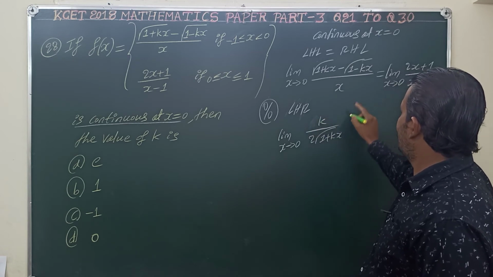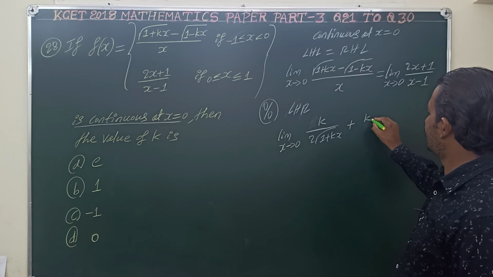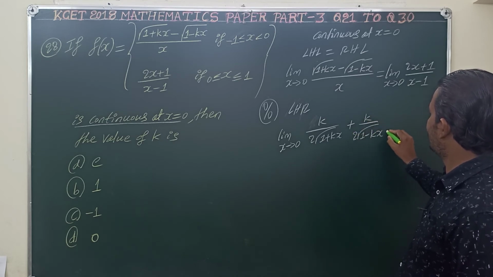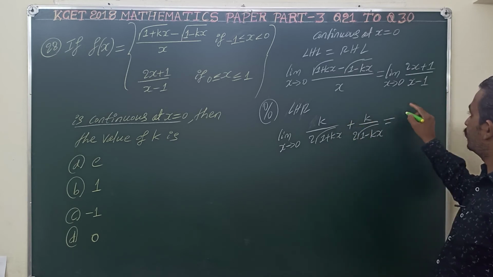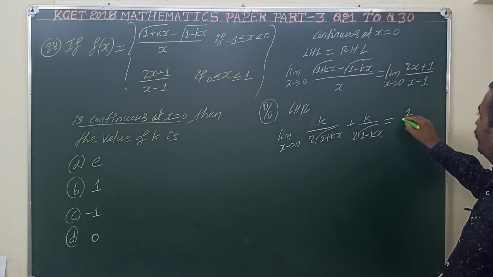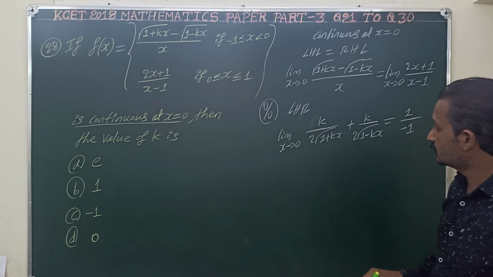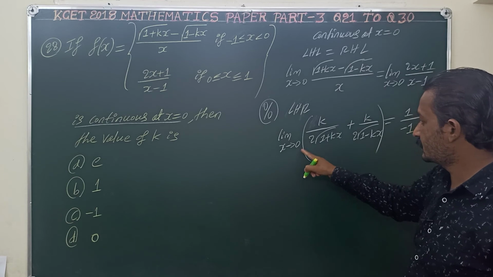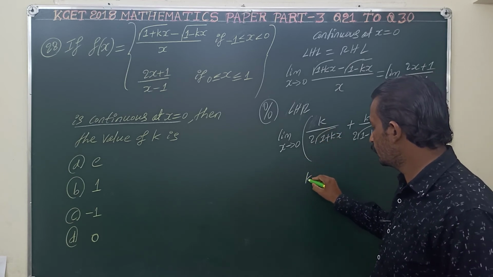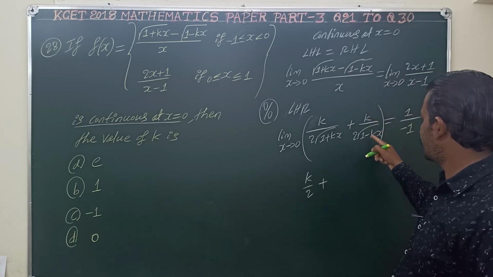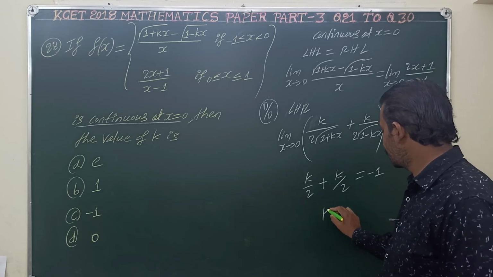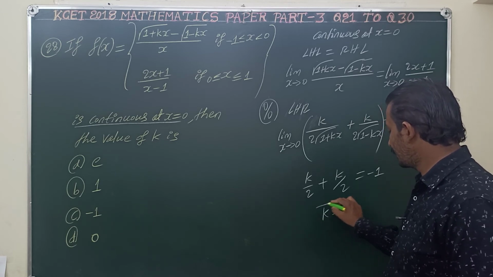Here also the same, minus k is there, it becomes plus k divided by 2 square root of 1 minus kx, divided by 1, is equal to, directly apply the limit in this case. So this is 0 plus 1, 1, 0 minus 1, minus 1. Now apply the limit, x is equal to 0, it becomes k by 2 root 1, nothing but k by 2. Similarly k by 2 root 1, nothing but k by 2, equal to minus 1, so k is equal to minus 1. This is the required answer.